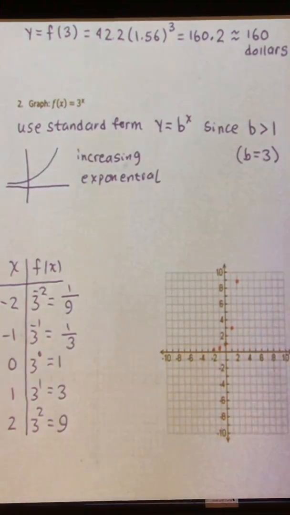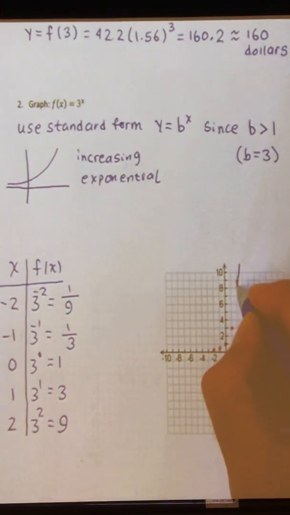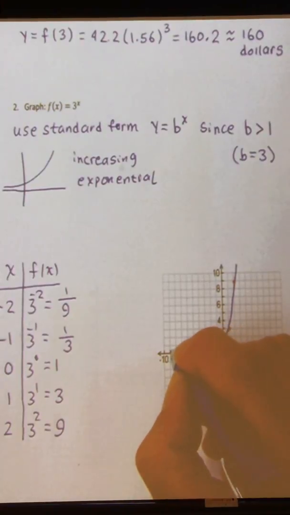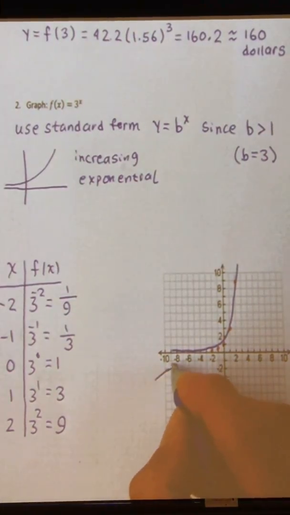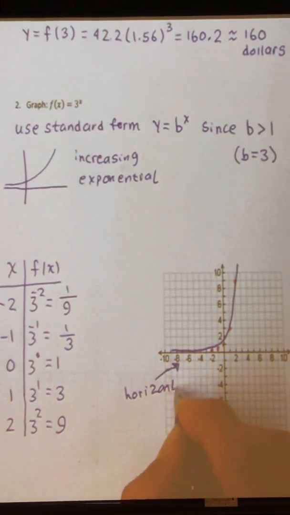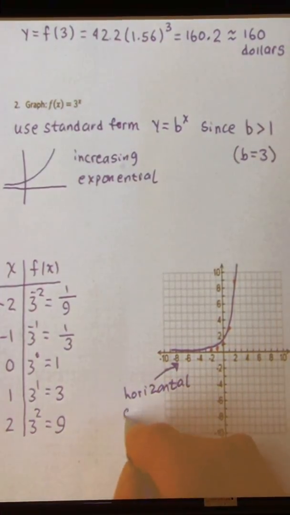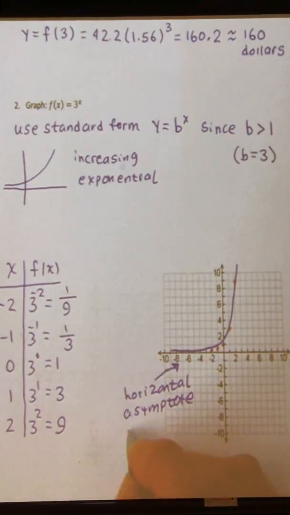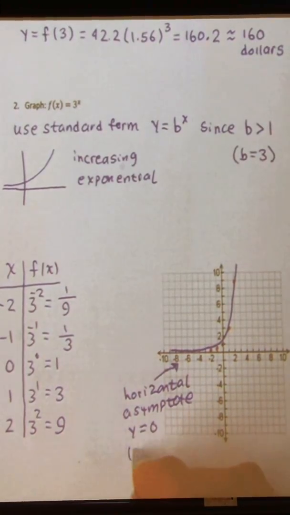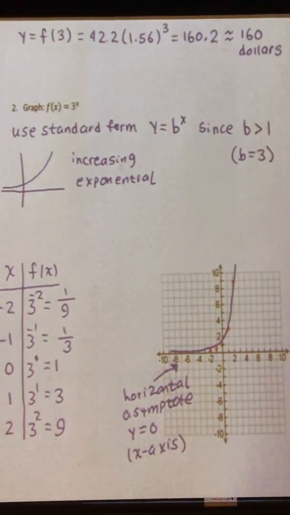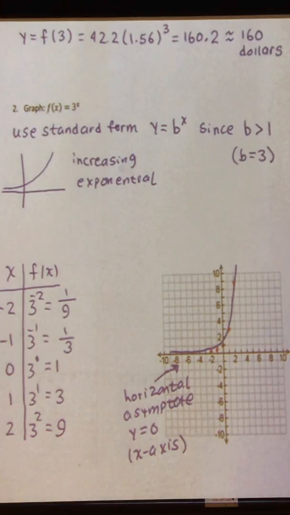So there are our points plotted, and then we'll connect those points with a smooth curve and draw a graph of the function f. And here, note that we have a horizontal asymptote at y equals 0, which is the x-axis. And the graph increases forever upward like that.